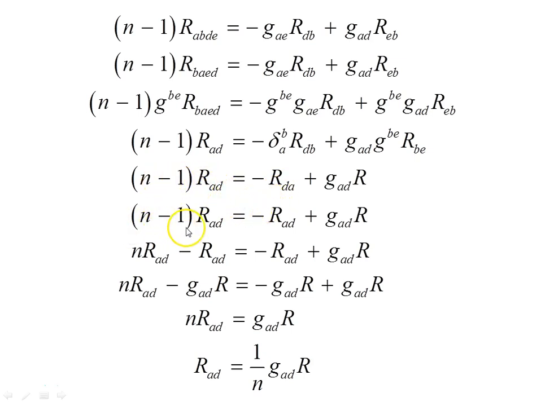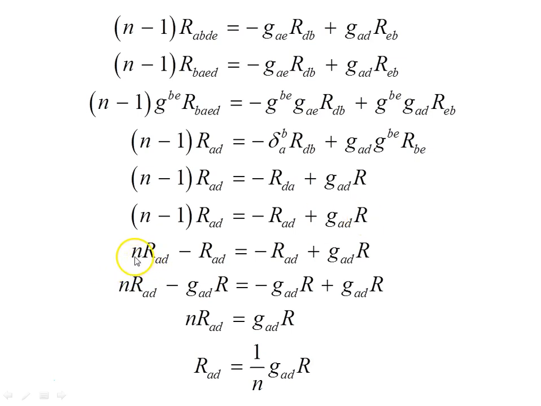Next line down we'll have n minus 1 R a d, and then the only thing that changes is these indices, because the Ricci tensor is symmetric, so we can swap these indices without a change of sign. So d a becomes a d, plus g a d R, the Ricci or curvature scalar.